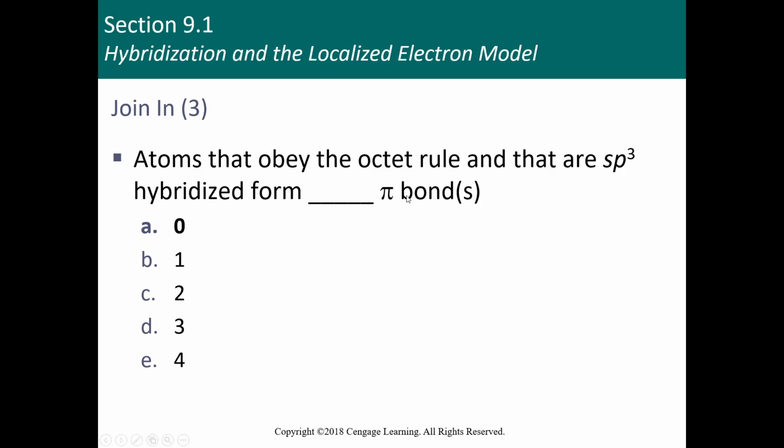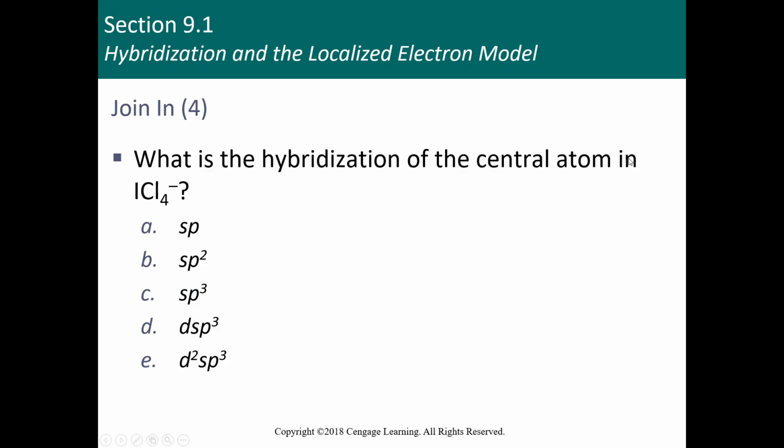To make a pi bond, you actually need a free, not used in hybridization, p orbital. And if you have sp3, it's used all its p orbitals, not a chance, can't make it. You're already done. So what is the hybridization of the central atom in ICl4 minus?